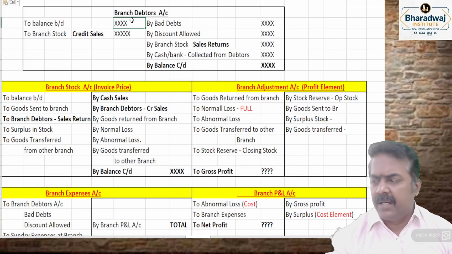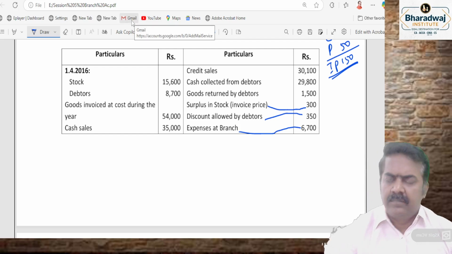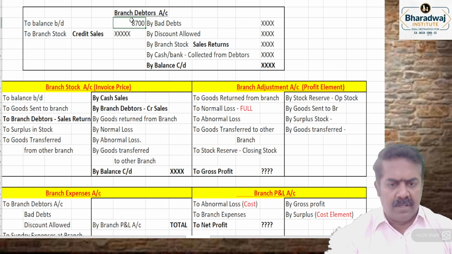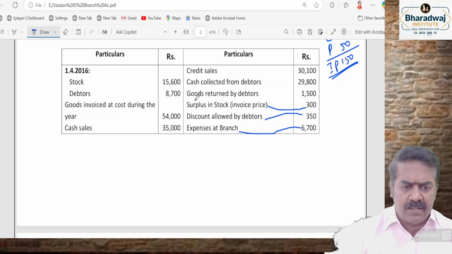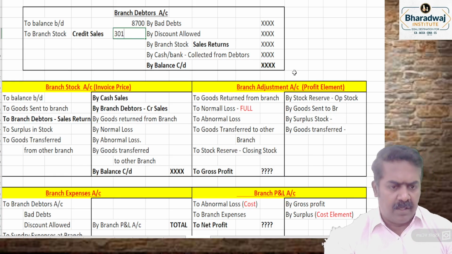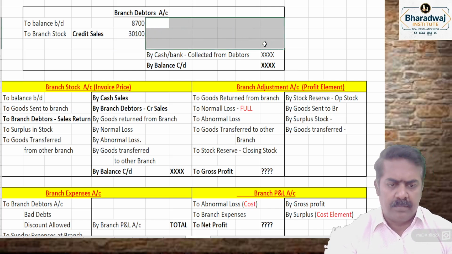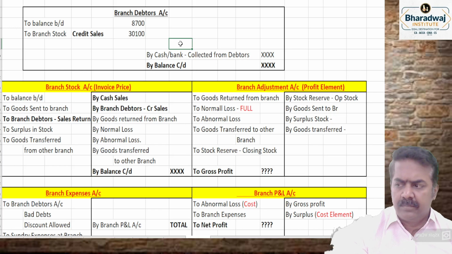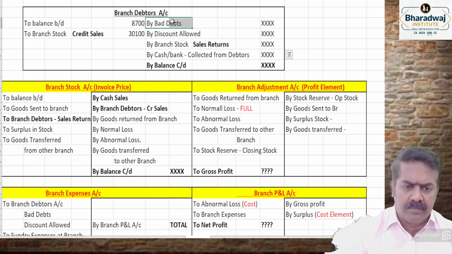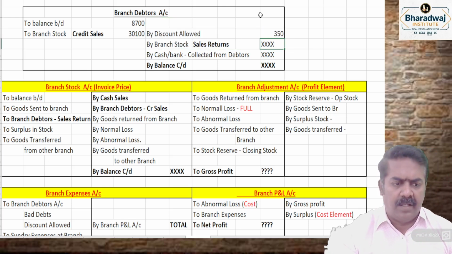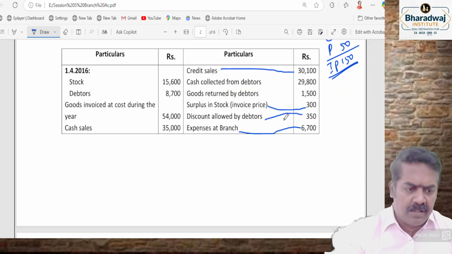Wait, what is the opening balance of debtors? Just look at the display sufficient. What is the opening balance of debtors? 8,700. What is the credit sales? 30,100. Any bad debts given? No. Discount allowed. What is the discount allowed? Then any sales returns given? Discount allowed 350 is there.